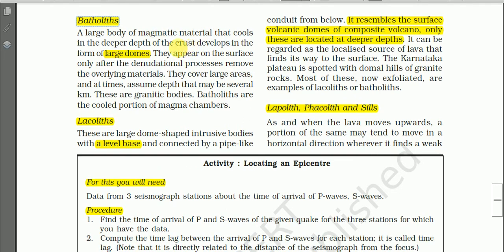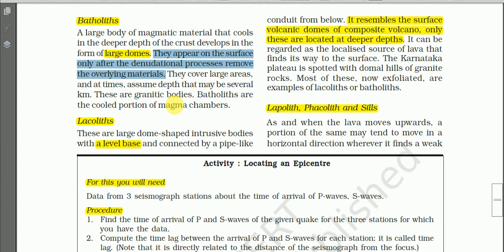Let us read. A large body of magmatic material that cools in the deeper depth of the crust develops in the form of large domes. They appear on the surface only after denudation processes remove the overlying materials.